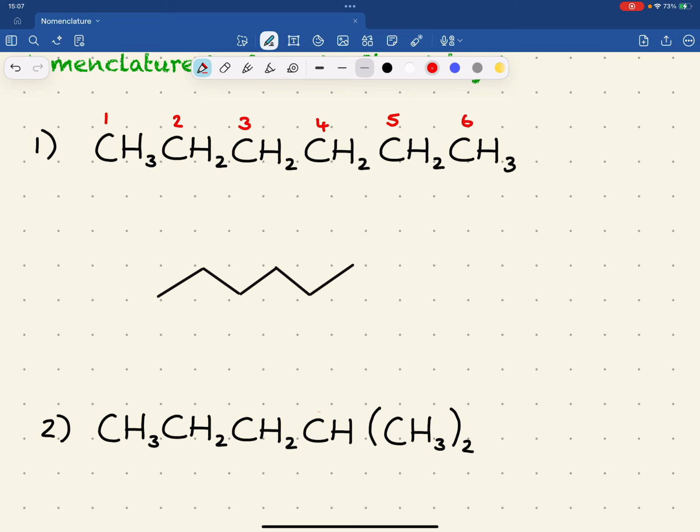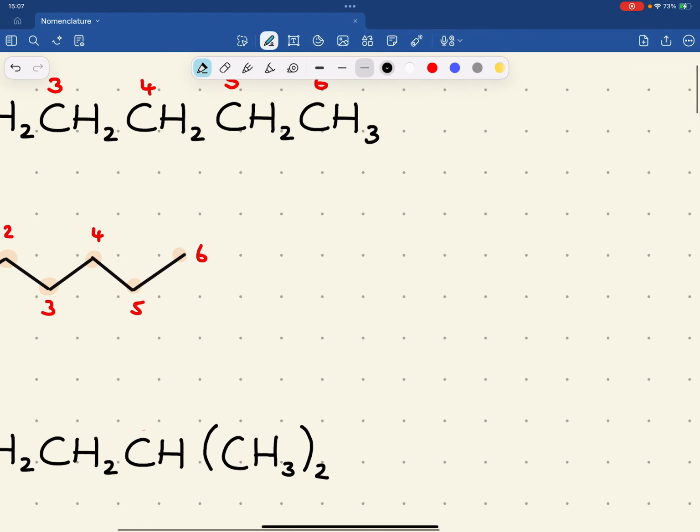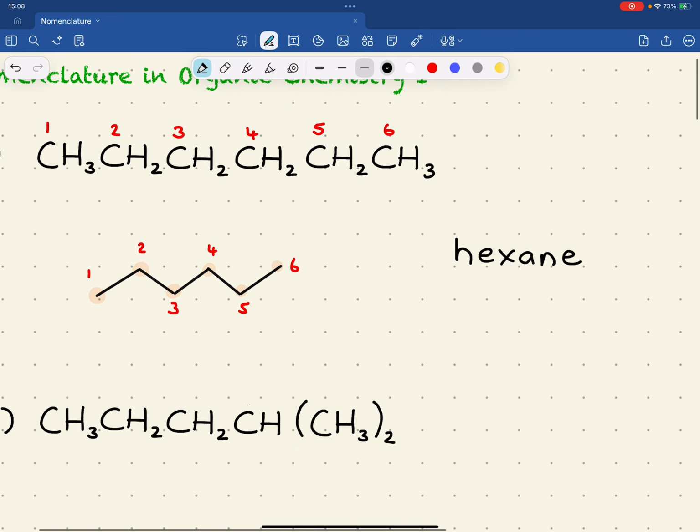We just number the carbons 1, 2, 3, 4, 5, and 6, whether we do it on the skeletal formula or not. So 6 carbons. You should be aware that the IUPAC name for a compound with 6 in the longest chain is hex, and this is an alkane with no branches and no other functional groups, so this is simply hexane.